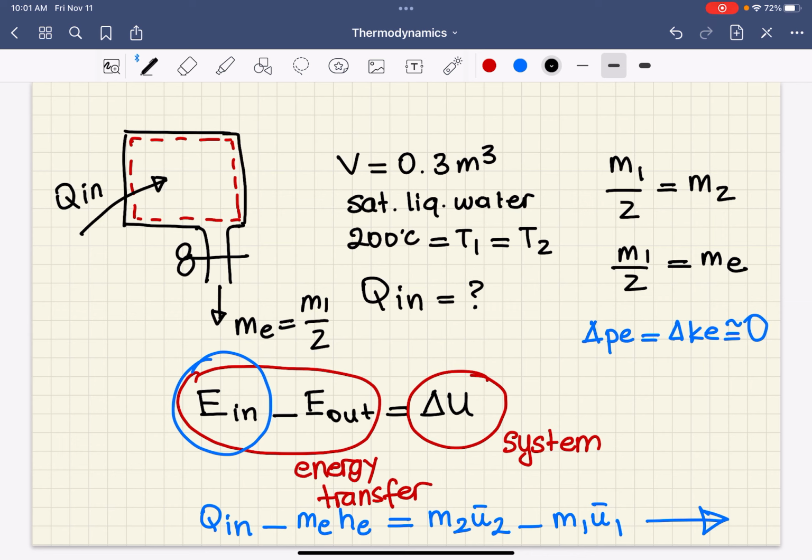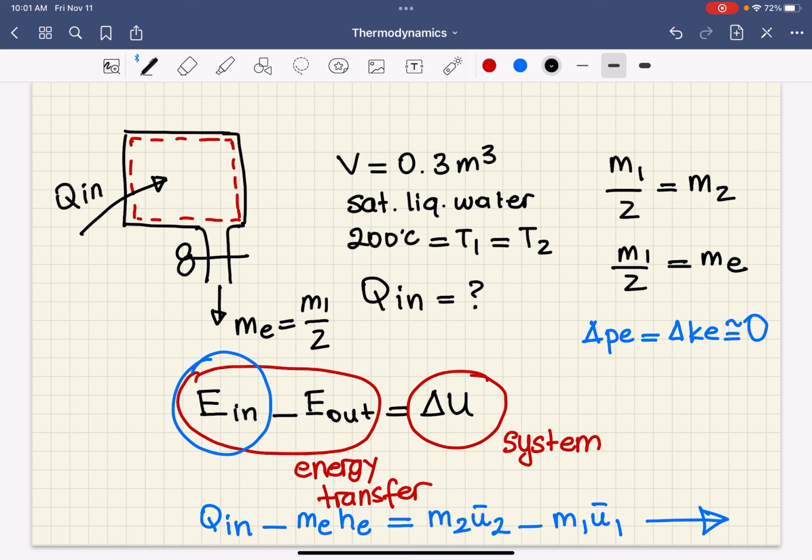Actually, we are not given directly any information that would help us to look at tables to figure out the specific internal energy. Because remember, to be able to read properties from a thermodynamic table, we need two intensive properties. Here we are not directly told, but we are actually given another property, because besides knowing the temperature, we are also given the overall volume, and we have also calculated the mass.